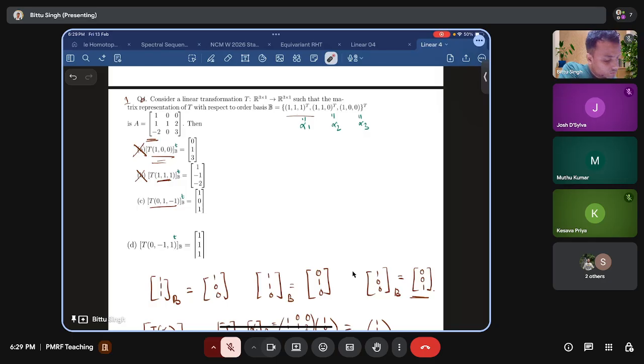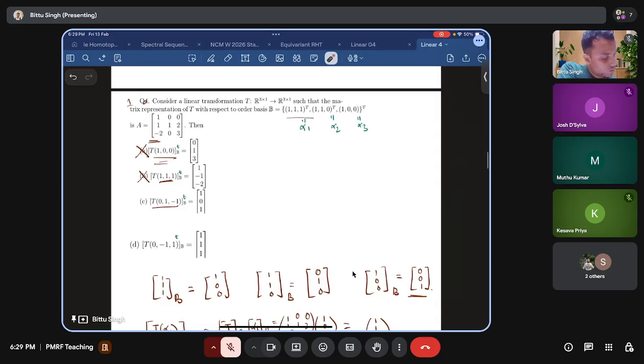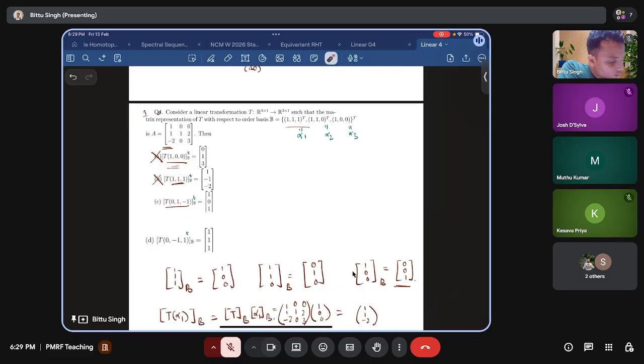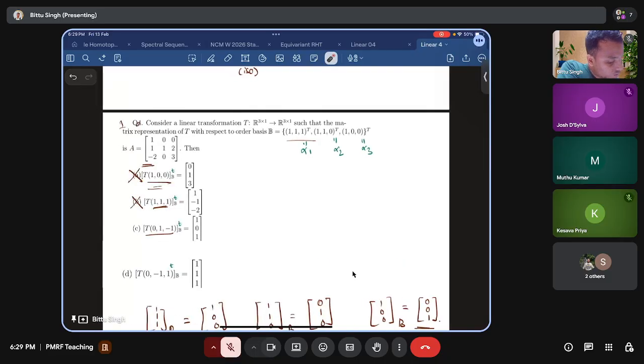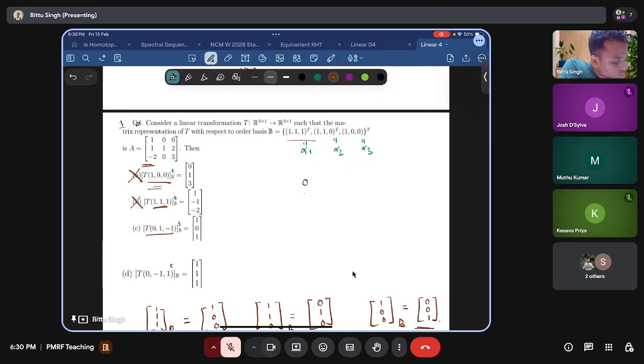So now T of 0 1 minus 1. Can we write 0 1 minus 1 as a linear combination of those three things?